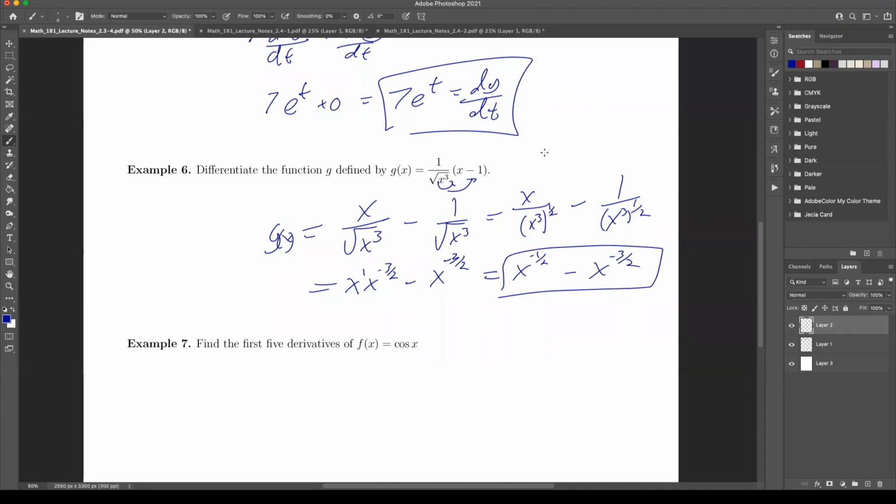I mean, technically, it would have been faster just to say 1 over x to the 3 halves is equal to 1 over, and then you could have skipped this step. Yeah, so I'm just saying this is equal to this, minus 3 halves power, and then I'm just distributing it across. And then I simplify to get x to the half, negative half, and x to this.